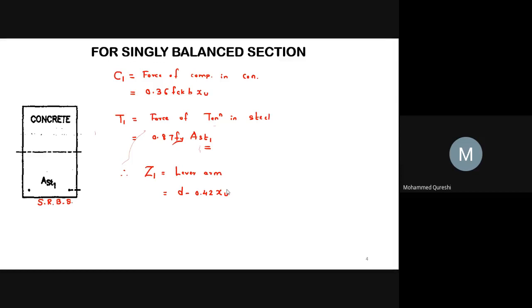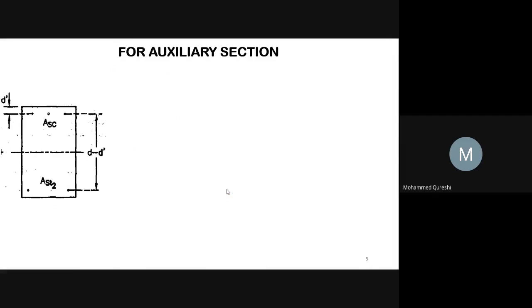This lever arm has also been discussed in the singly RC beam chapter. So these are the formulas of C1, T1 and Z1 for the singly balanced section. Now we will go for the auxiliary RC section.